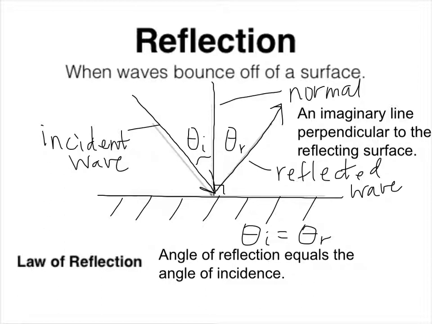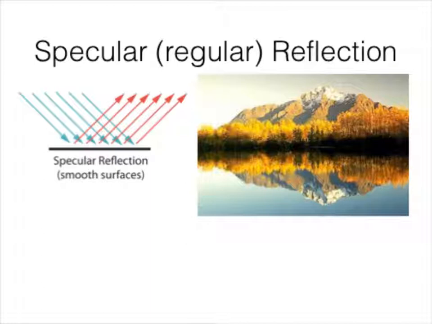Could be a smooth surface, could be a rough surface, could be a liquid surface or a solid surface. The law of reflection, like all laws, is a statement of something that is always true. And so the incident angle of that wave is always going to be equal to the reflected angle of that wave. So let's look at how this produces images.